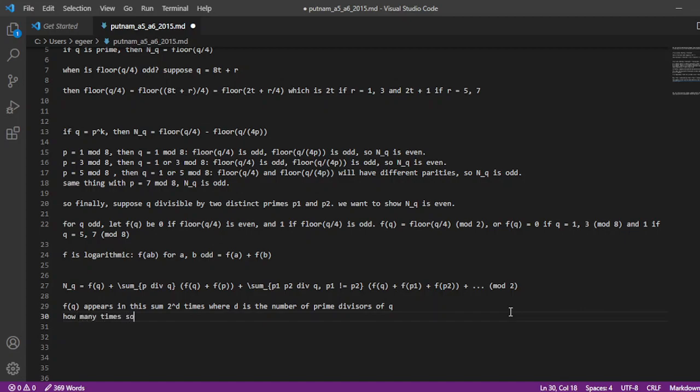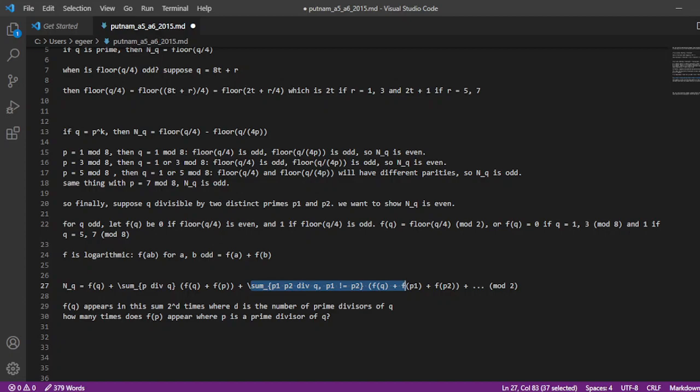So then, how many times does F(P) appear? So now let's count this. So here it appears once, right? And F(P) is going to appear once for every subset that it is in.